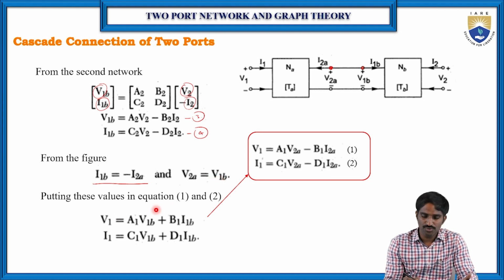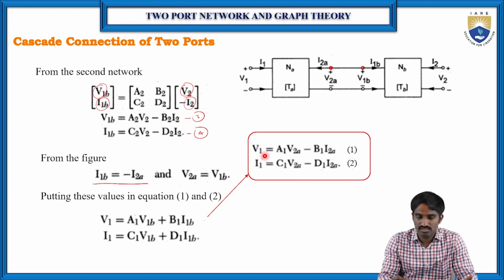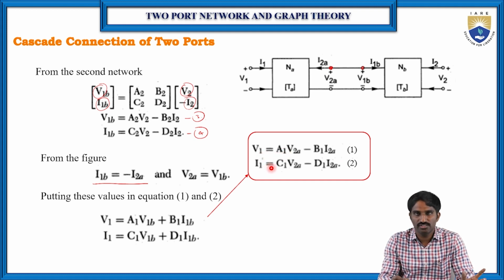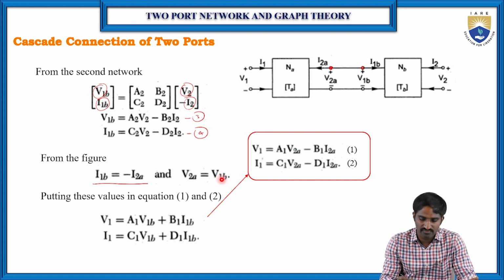Then substitute these values in equations number 1 and 2. Equation number 1 is the input voltage and input current for network A. Wherever V2A is there, substitute V1B, and in place of I2A substitute minus I1B, so that minus minus gets plus.